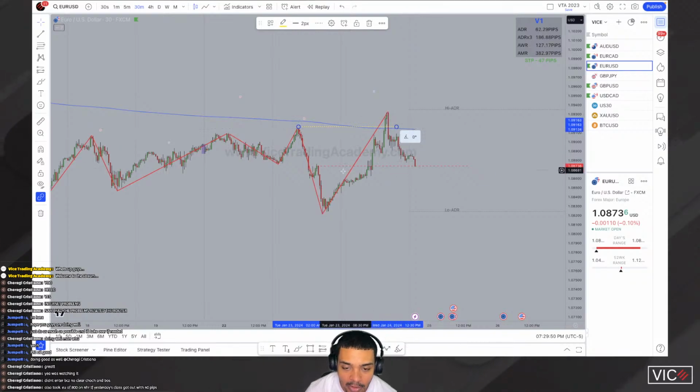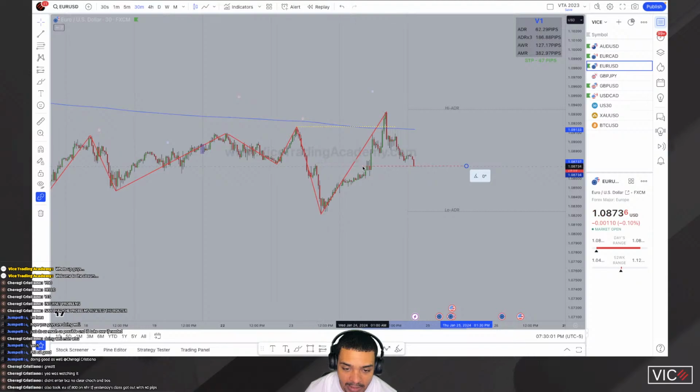So now we're having a 30-minute run, then we're going to get a 30-minute pullback. That's where we are right now, in that 30-minute pullback. So where would I want to see price bounce back off? It will be here. Price to come around here, bounce, and break here.